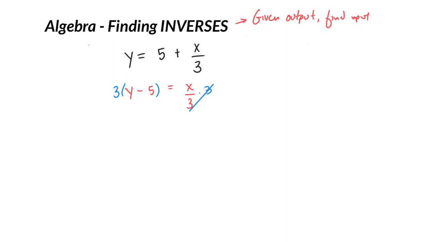And the last thing we do, remember, is we swap our x and our y in order to write it as an inverse, because we just like it to have the same variable. So the inverse is going to be 3x minus 15. Let's do another example.